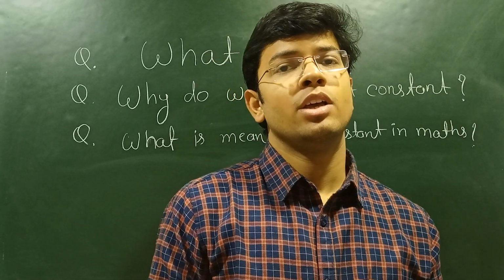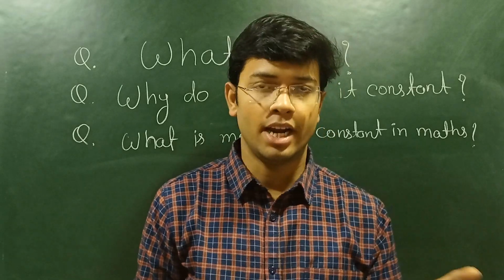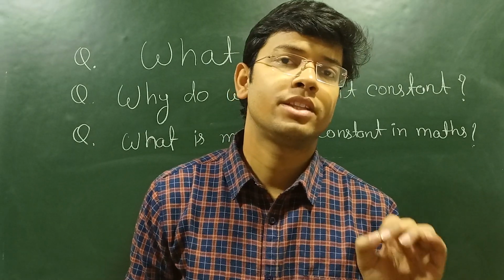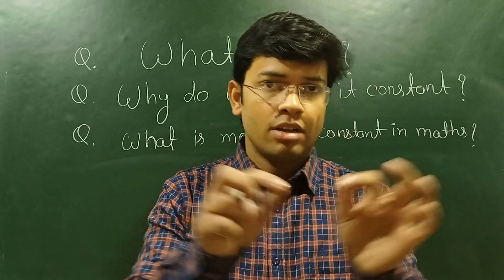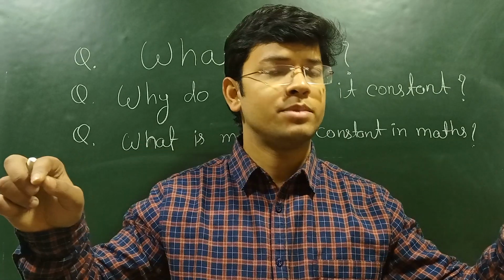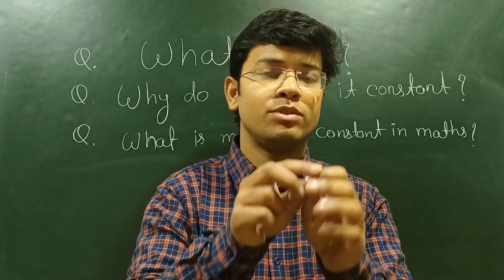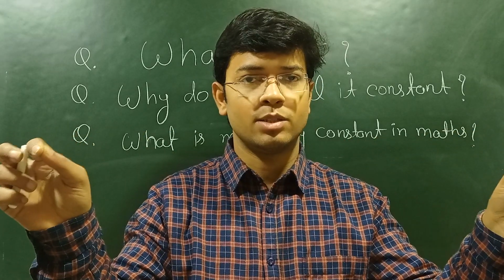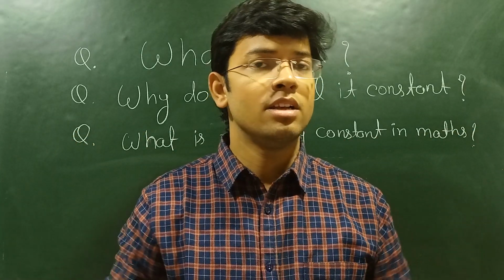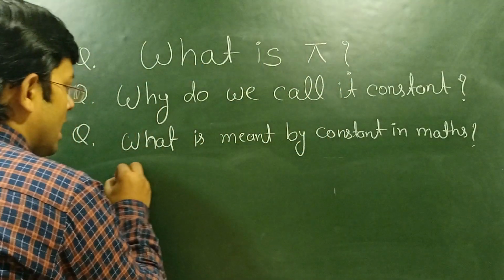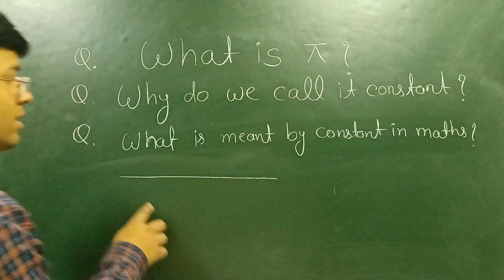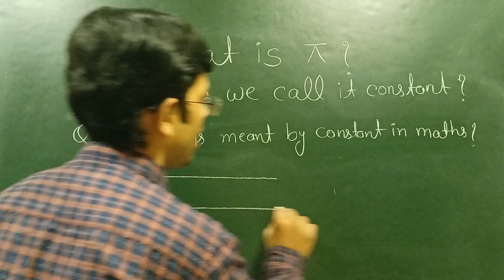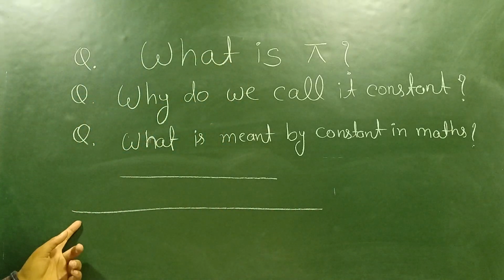First of all, you have to take a thread, in different lengths. So you have two threads: one is smaller and one is bigger. Suppose I have this thread, and another thread is this one.